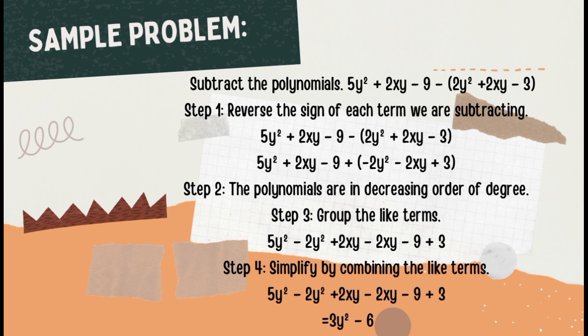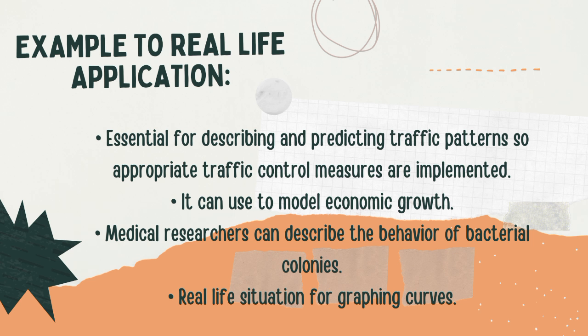If we simplify by combining the like terms, 5y squared minus 2y squared gives 3y squared, and 2xy minus 2xy gives 0. Then negative 9 plus 3, so we conclude negative 6. And that's how we subtract polynomials.